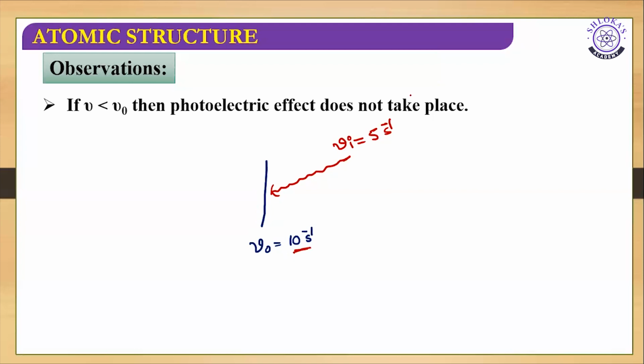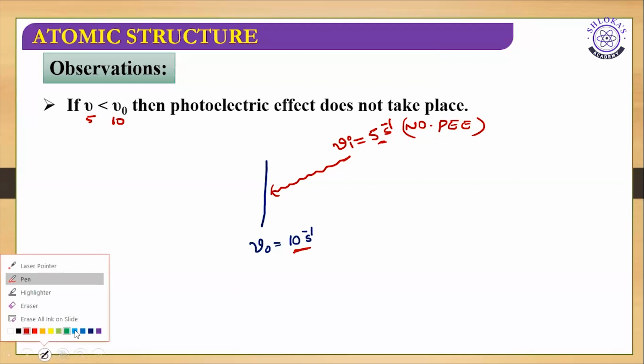But here, what is the actual energy you are providing to the metal? 5. Then can it cause the photoelectric effect? No photoelectric effect. Understood? When incident nu I is less than nu naught, it is 5, it is 10. This is case 1.